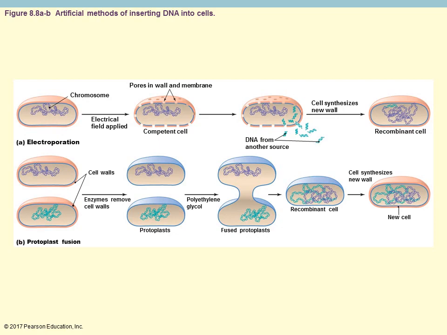In protoplast fusion, you remove the cell wall, leaving just the cell membrane. Then polyethylene glycol, a type of detergent basically, will allow the two cells to fuse together. The DNA combines. Now, the cell will eventually synthesize a new cell wall.